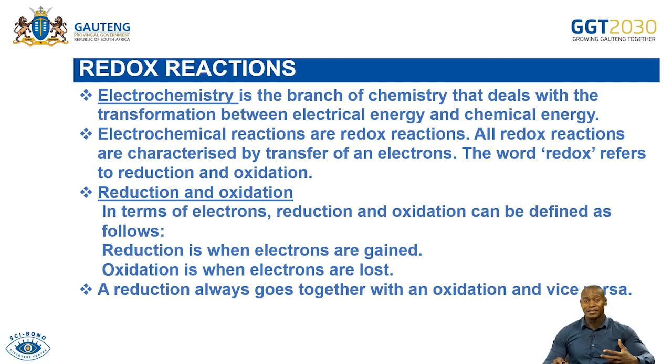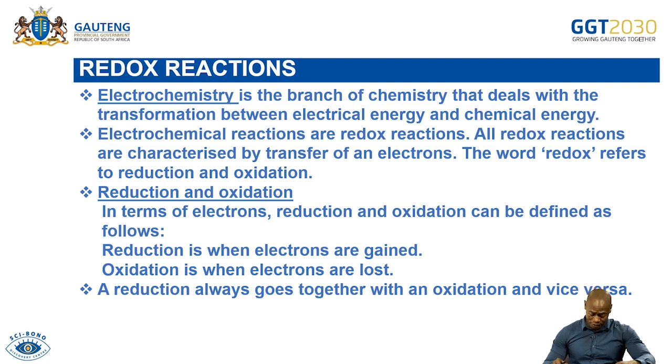And how do we track the transfer of electrons? We use oxidation numbers. Hence, we were looking at those rules and also some examples on how to determine the oxidation number of an atom in an ion or in a molecule or a compound.